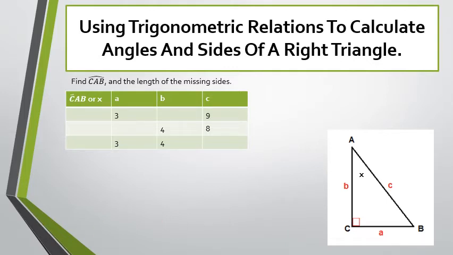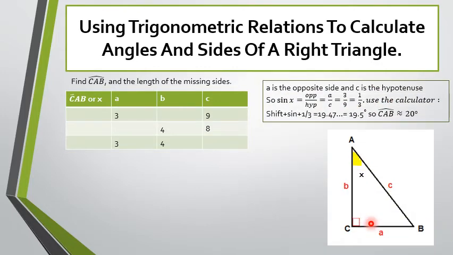First, we're going to mark the angle CAB, if you can see it here. And we have to find it in 3 different cases. In the first case, the sides a and c are given, and we have to find the angle. a is the opposite side, so the most proper rule that we can use is the sine, because it is opposite over hypotenuse.